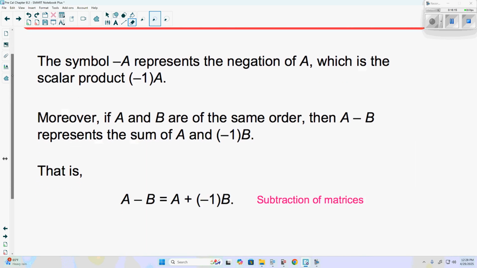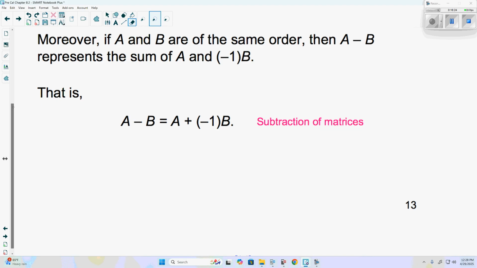So the symbol negative A represents a negative times A, which is a scalar product, -1 times A. Essentially another way to say, instead of subtracting, we can add by distributing that negative through. I think it's a little redundant. Might as well just subtract as quickly as we can.